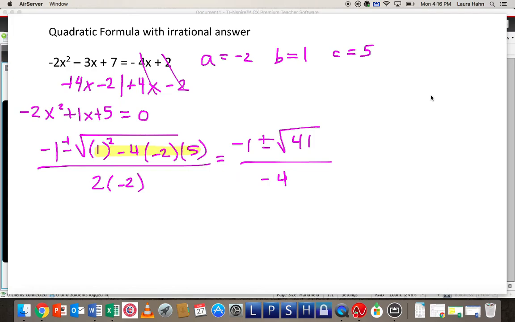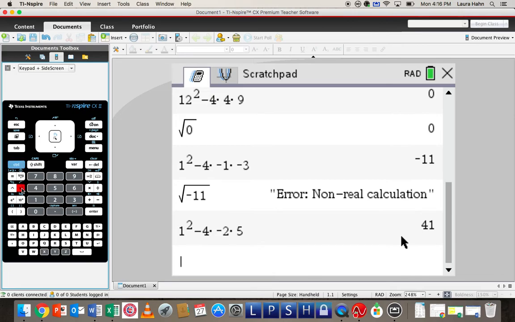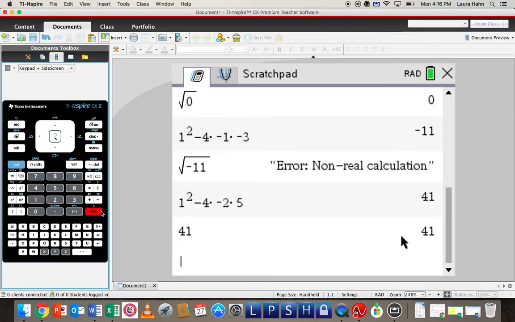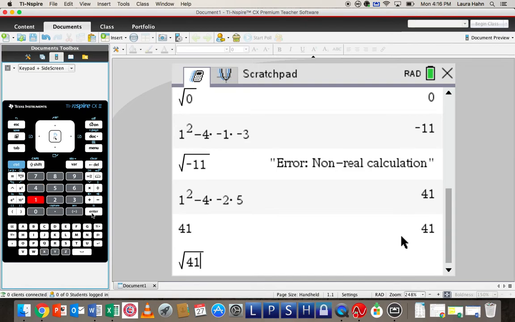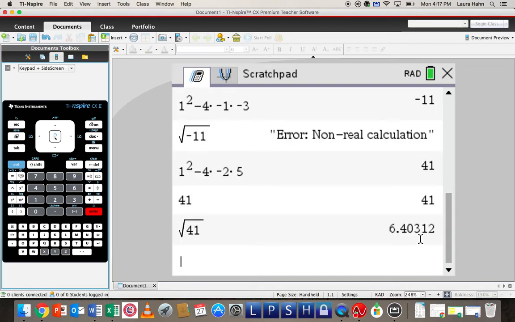All right, so now I want to see, does the square root of 41 simplify into something nice and pretty for us? Let's go see on the calculator. Nope, sure doesn't.